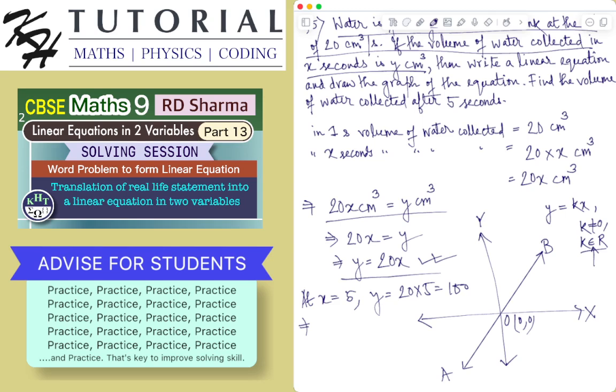So if we know the number of seconds, we can easily find the volume of water being collected. So at x equals to 5, y equals to 20 into 5, which is 100. This means that in 5 seconds, 100 centimeter cube of water is collected.